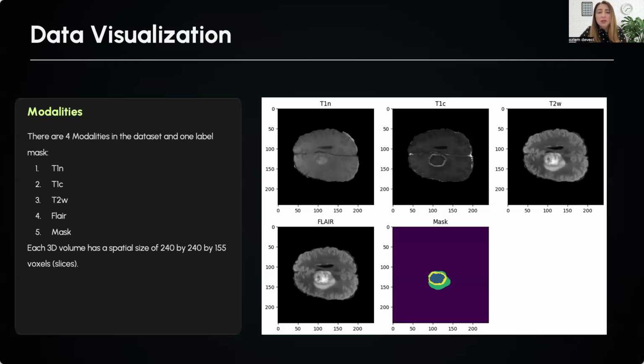Each of these 3D volumes is massive, with a spatial dimension of 240 by 240 by 155 voxels or slices. We process these multimodal inputs to capture complementary features of the tumor anatomy.